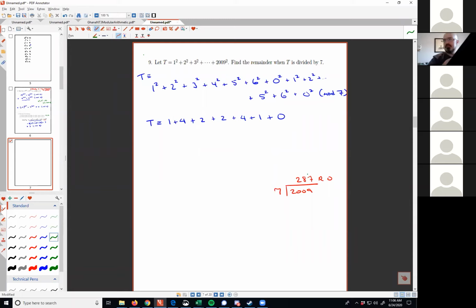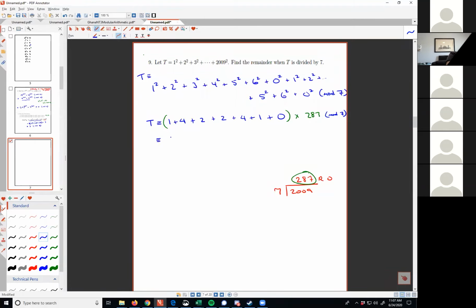We could sum the first few residues and then multiply by the 287 and convert that into modulo 7 and see what we get. Right. We have these same 7 terms repeated 287 times over. And we are working modulo 7. So what happens?